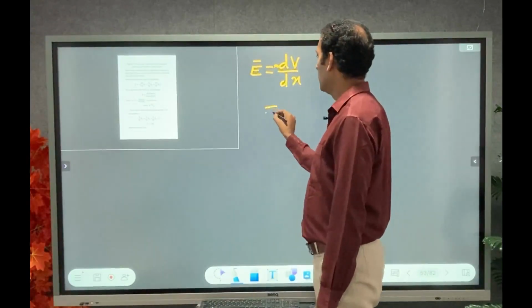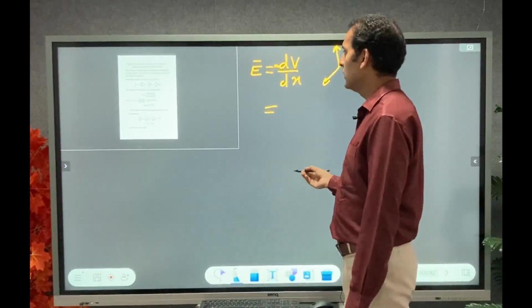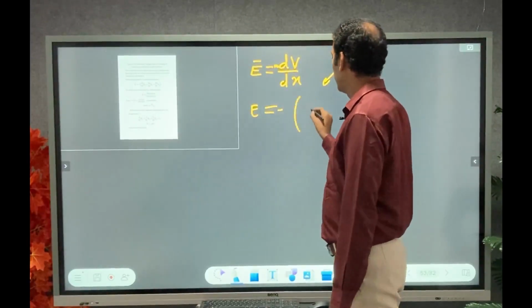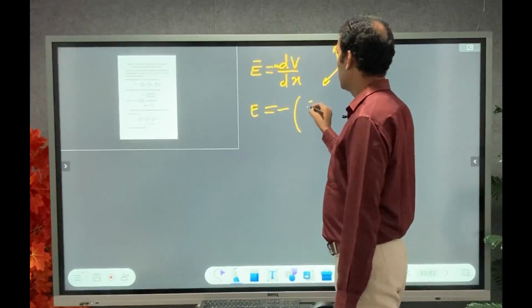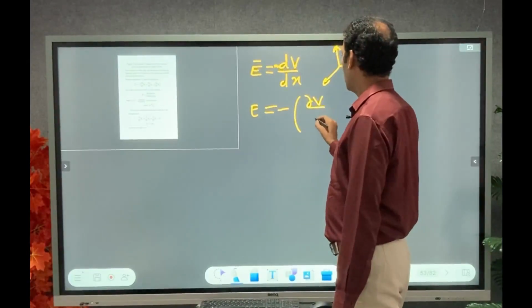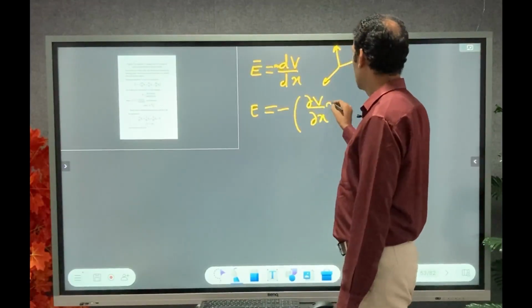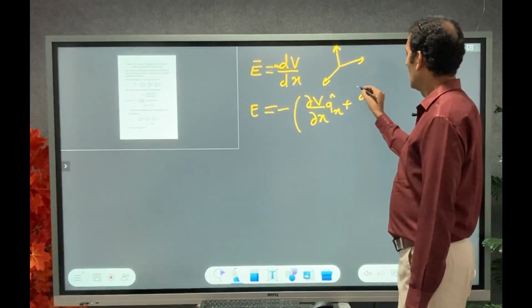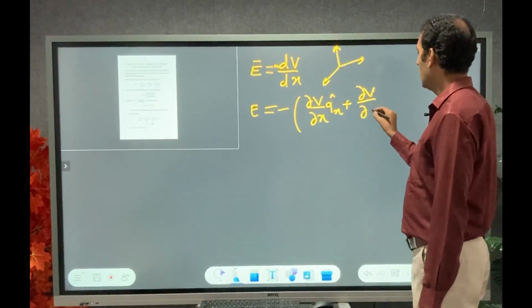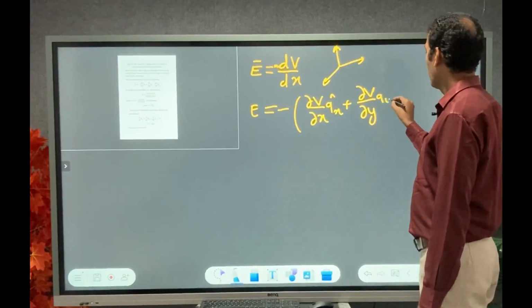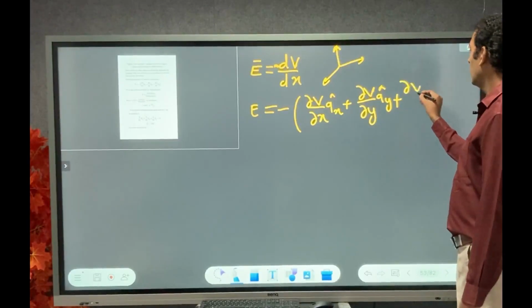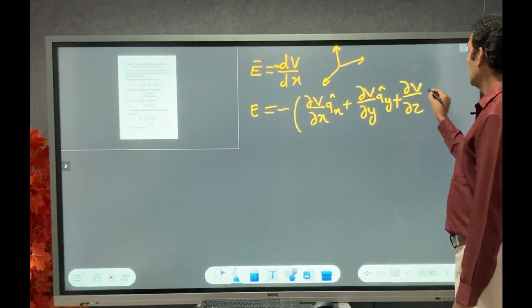We can write it in the form of three directional components. So E will be equal to minus dou V by dou x ax cap plus dou V by dou y ay cap plus dou V by dou z az cap.